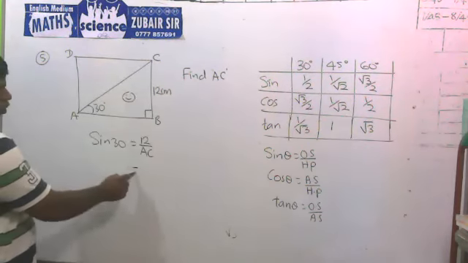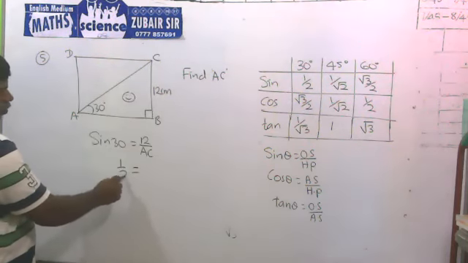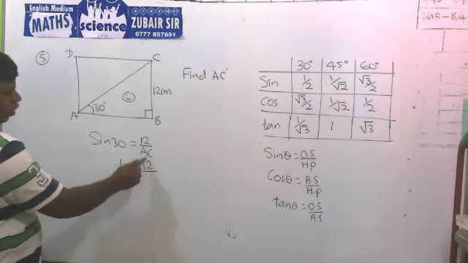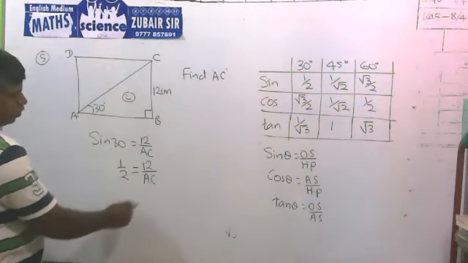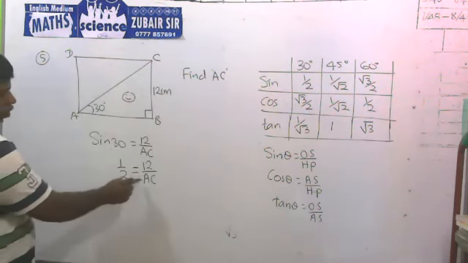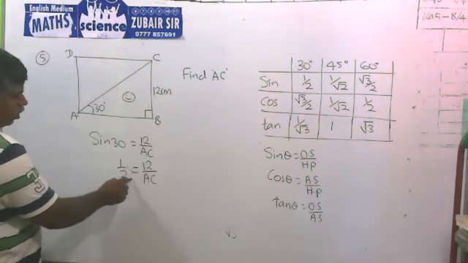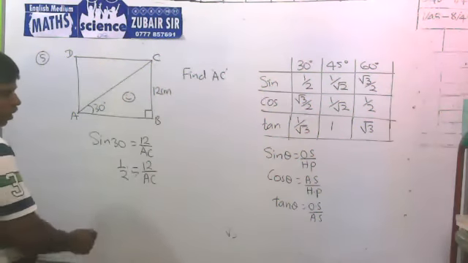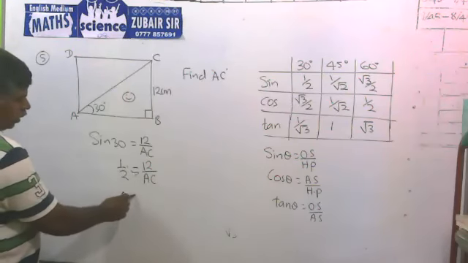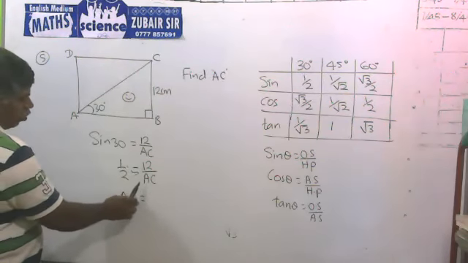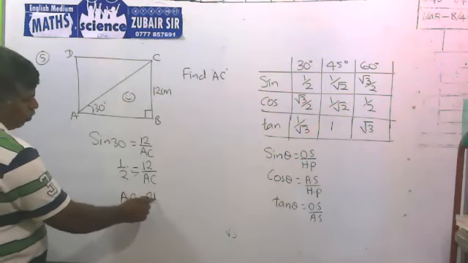Then substitute the value. What is sine 30? Half. Opposite is 12. AC is the question. Then we can do the cross multiplication. If you multiply this one here, then you have to multiply this one there. Then AC into 1, AC, 12 into 2, 24.